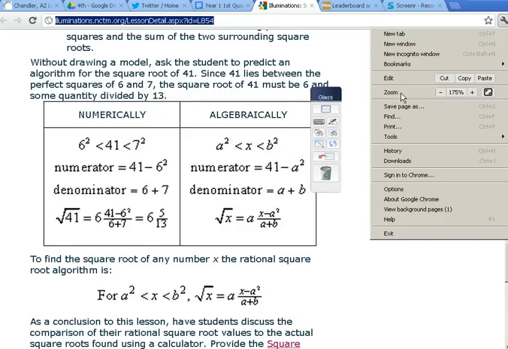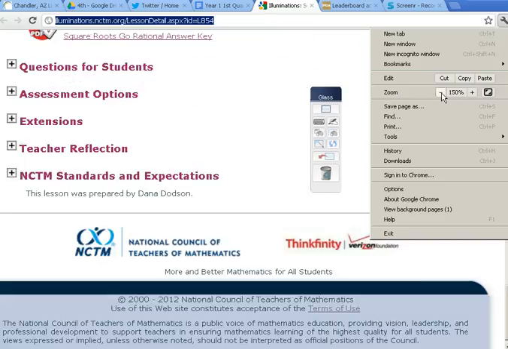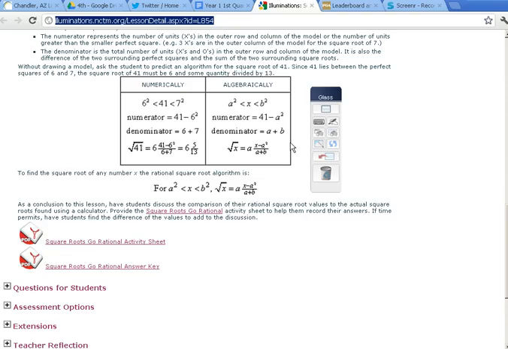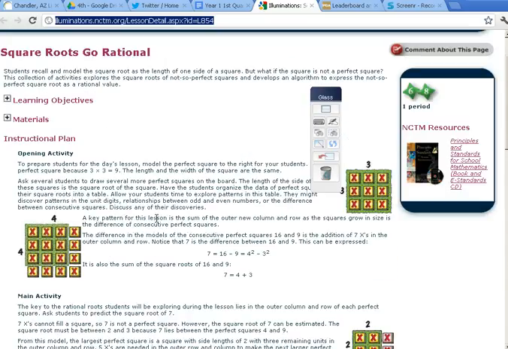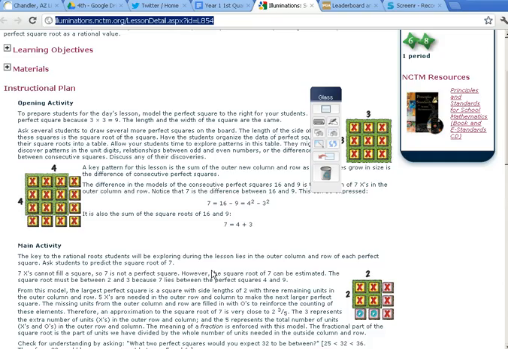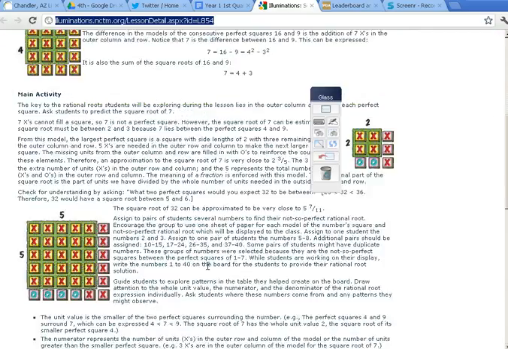I thought this was a really good lesson for one, discovering how to come up with an approximation, and two, you'll have a way to approximate irrational numbers.